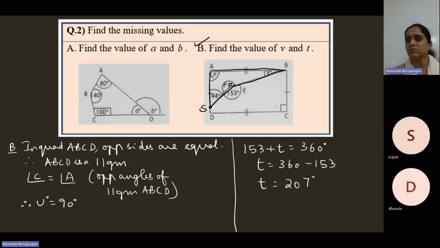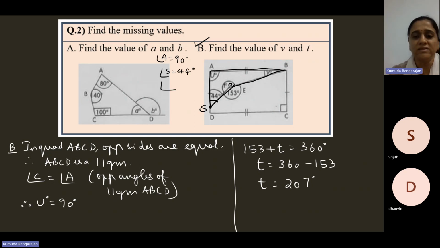I marked this. In the figure, nothing is marked, because the magnitude of the angle is already known to you, they have not used a letter. It's 44 degrees, so why will they use a letter? Only if it's an unknown angle, they'll use a letter. So in ASOB, see, angle A is 90, yes or no? Angle S is 44 degrees.